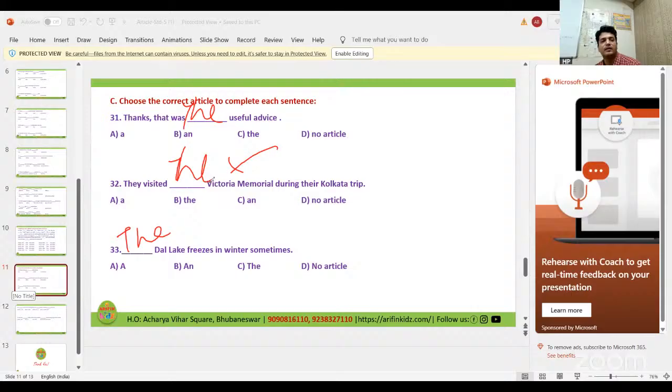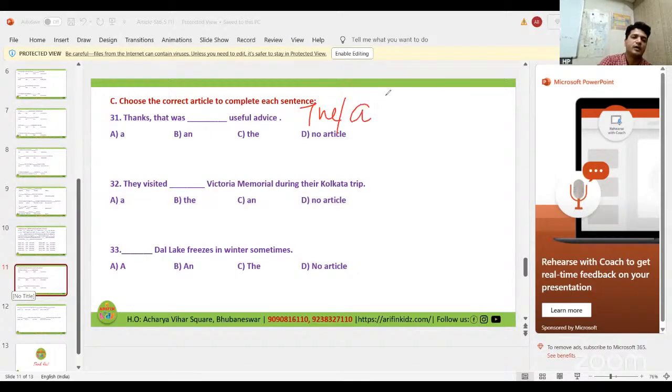Thanks. That was, oh, this one, 31. I've missed the sentence clearly. Thanks. That was dash useful advice, not an. We have three options: the, a, and an. I'll tell you why.